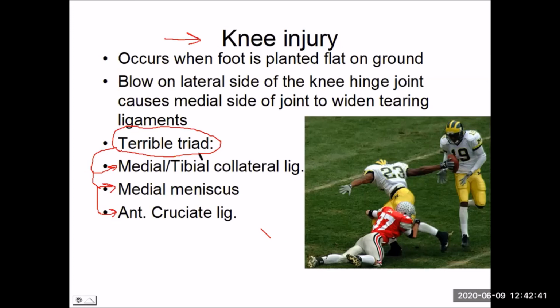How this commonly occurs is when a person has their foot flat on the ground, as opposed to being up on their toes. In this position, with their foot flat on the ground, they experience some type of trauma, a tackle, a hit to the lateral side of their knee joint.